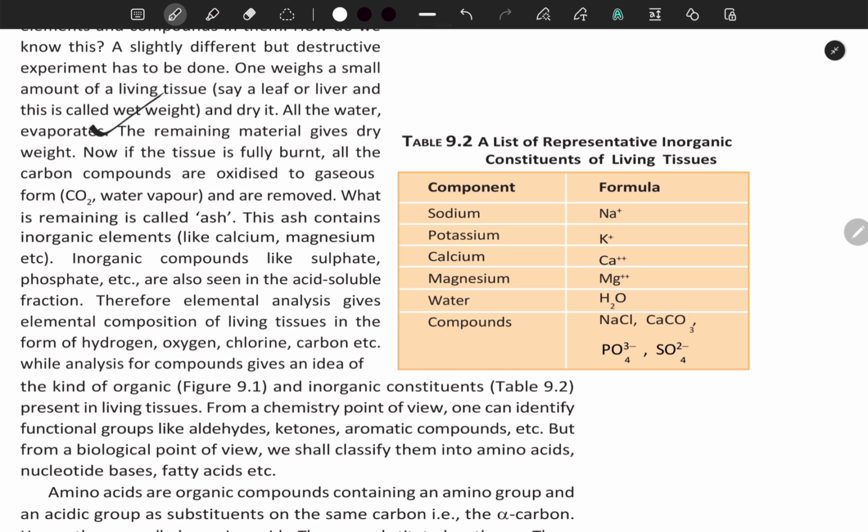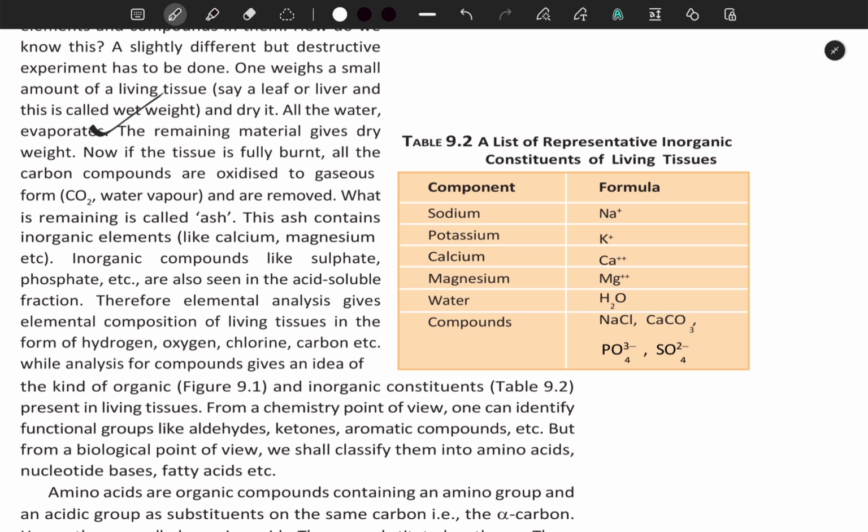Now, if the tissue is fully burnt, all the carbon compounds are oxidized to gaseous form, that is carbon dioxide and water vapor, and are removed. What is remaining is called ash. This ash contains inorganic elements like calcium, magnesium, etc. Inorganic compounds like sulfate, phosphate, etc. are also seen in the acid-soluble fraction.